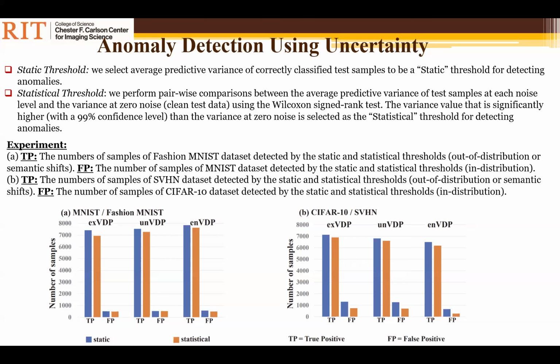And then we plot true positive and false positive, and the number of samples is 10,000. We see that the false positive count for the model is less than 500, while it was able to detect close to 80% of the anomalous samples. So the model was able to detect most of the samples coming from a different dataset and flag them as anomalous, not related.